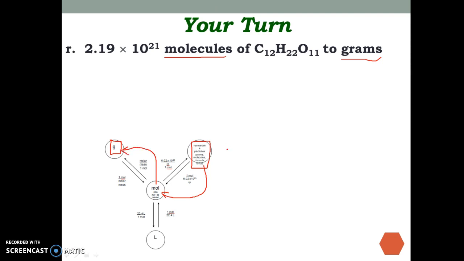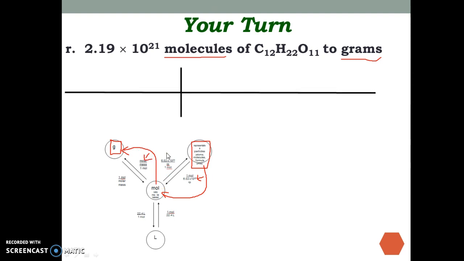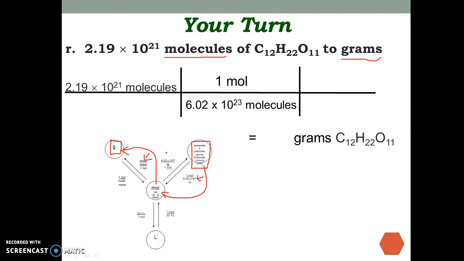Alright, so to go from molecules to moles, I divide by 6.02 times 10 to the 23rd. To go from moles to grams, I multiply by the molar mass. So, I take 2.19 times 10 to the 21st molecules, divided by 6.02 times 10 to the 23rd molecules, multiplied by my molar mass. This is a big one. There are 12 carbons. I add that to 22 hydrogens. I add that to 11 oxygens.